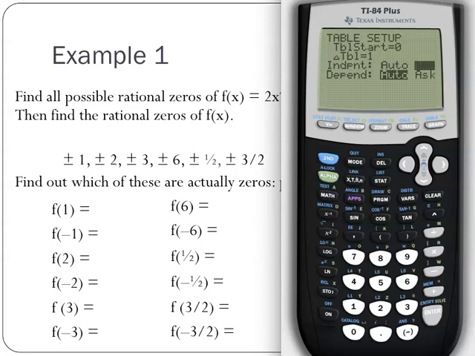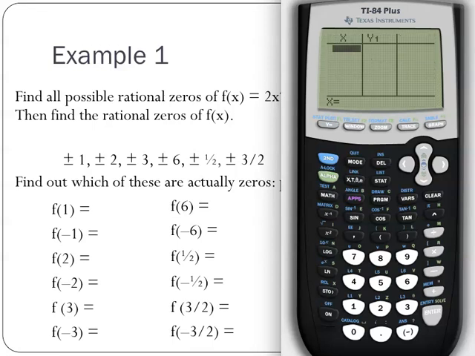Now let's go back to the table. And now you can see the table is blank now. So now I can plug in values for x and get values of y. And we see here at negative 3 we get y equals 0.